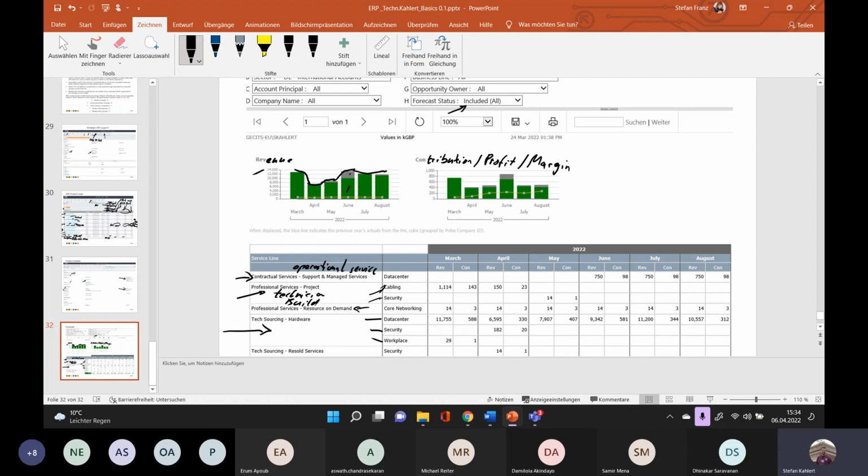I have here 14 million. This is how this 14 million value was created. It's a big data center project, and there's some cabling, and you see here this is the profitability of the deal.